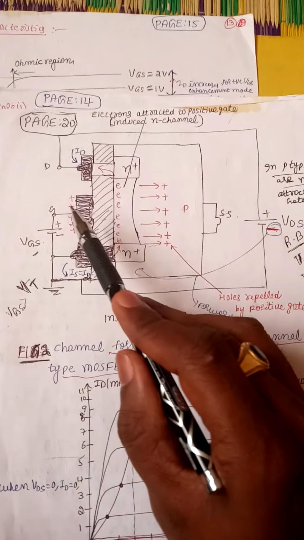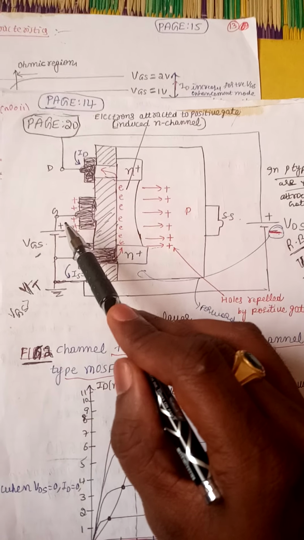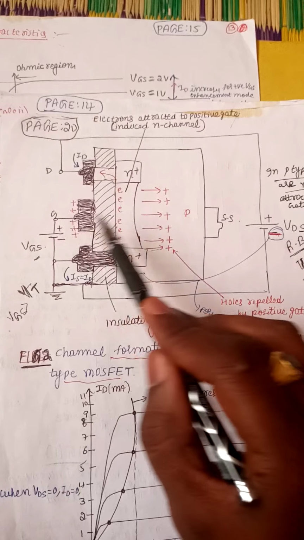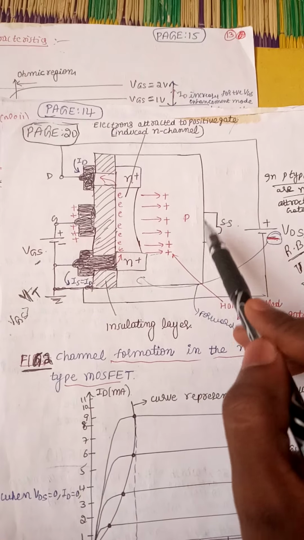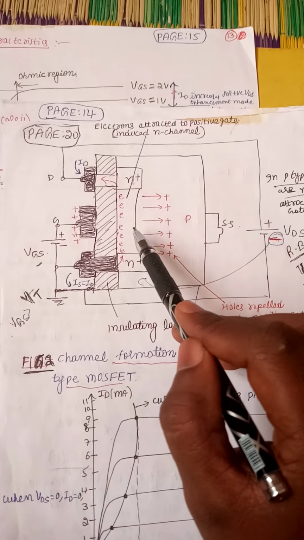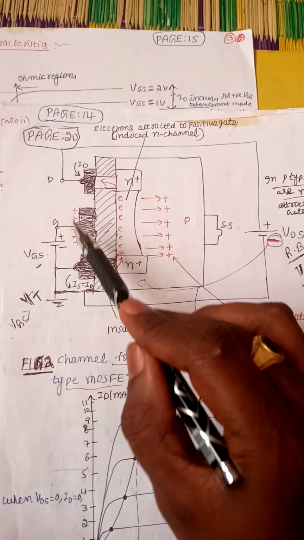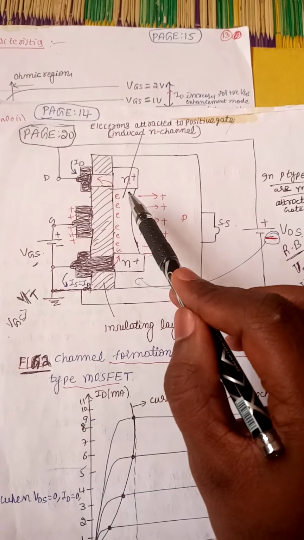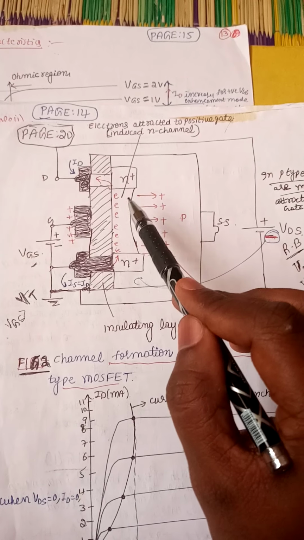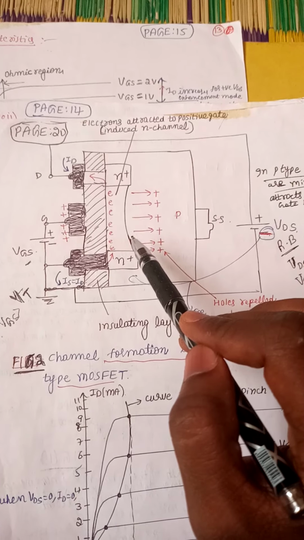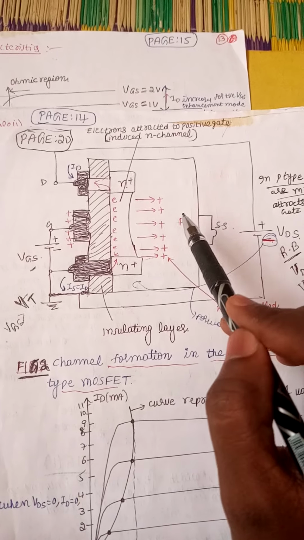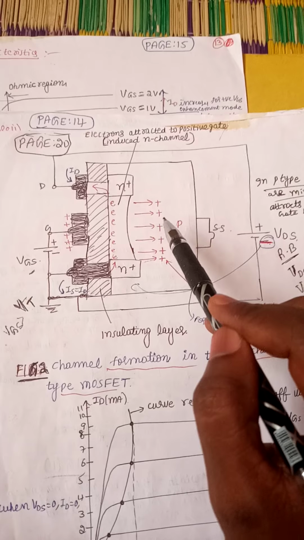And then to the gate you have to give positive potential. Why? If you give positive potential, in the P-type substrate the minority carriers are electrons. Those electrons will get attracted towards this positive potential of the gate and start to accumulate here. And in P-type, the majority charge carriers are holes, which I have shown with the plus mark.